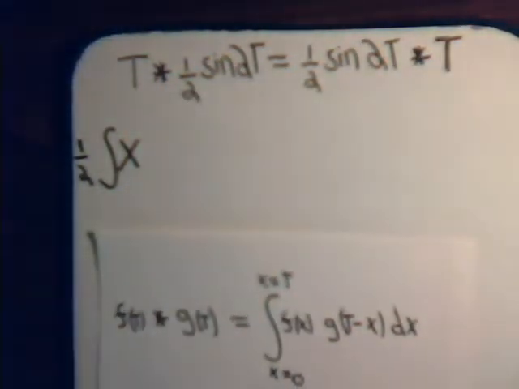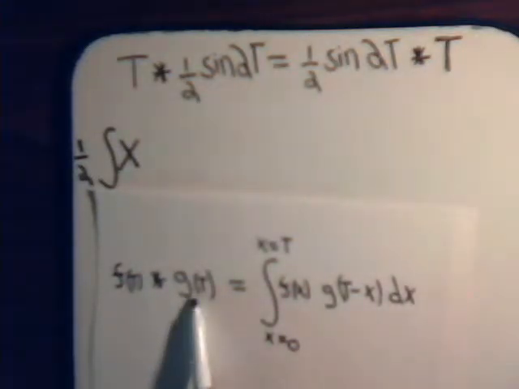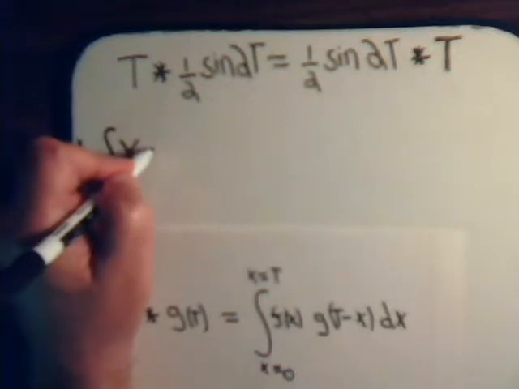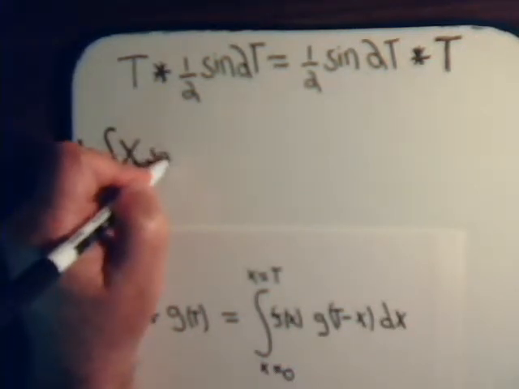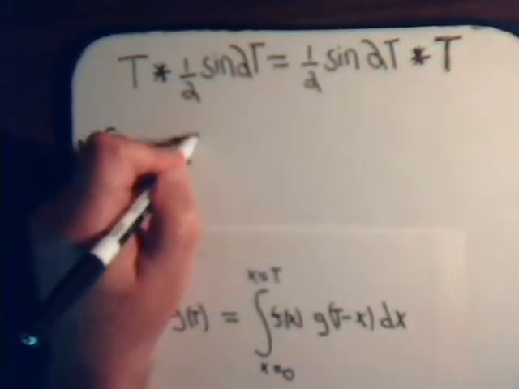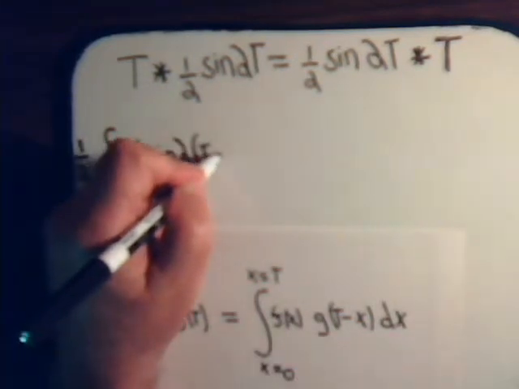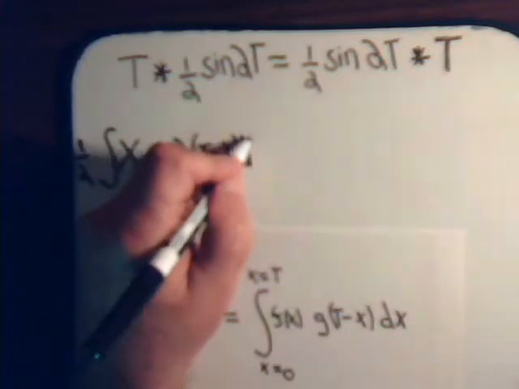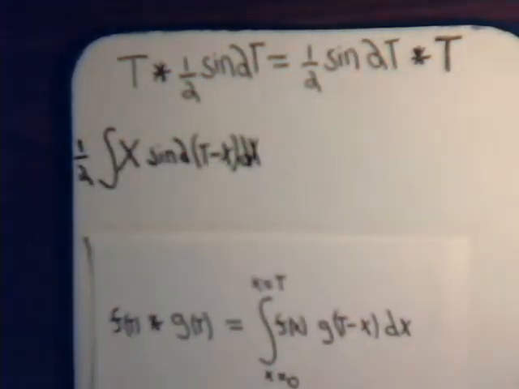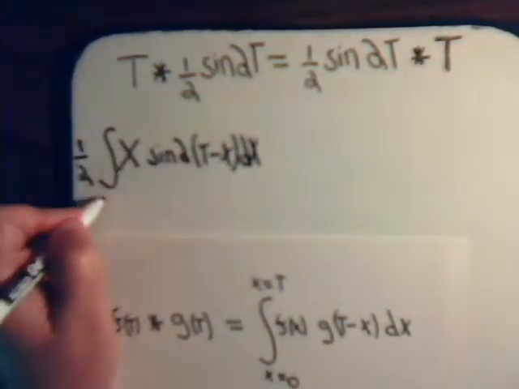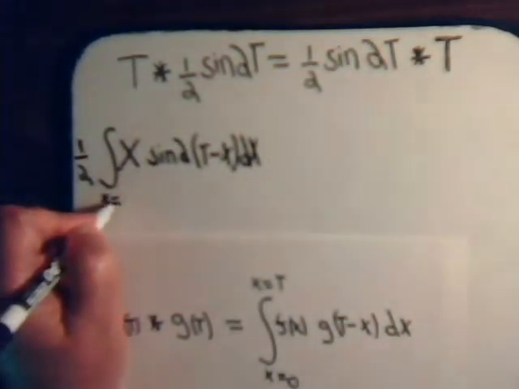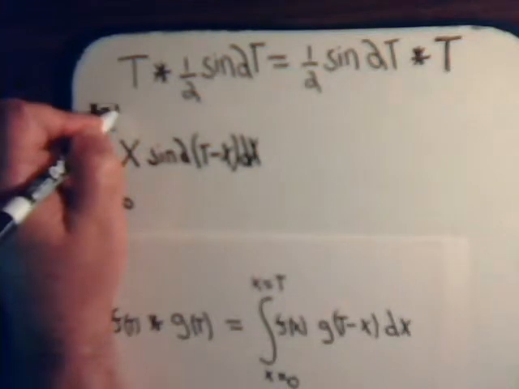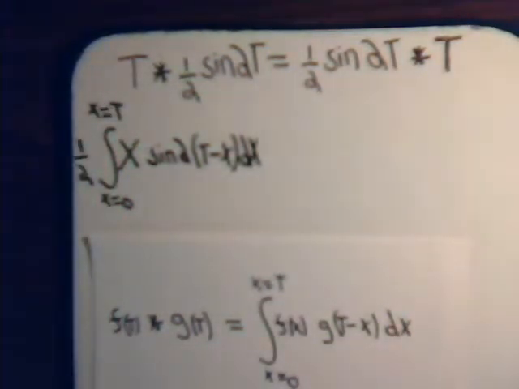The sine of 2t, that's our g of t. Inside of the integral, it's t minus x. So here we will have the sine of 2 times t minus x dx. And the limits are x goes from 0 up to x equals t.